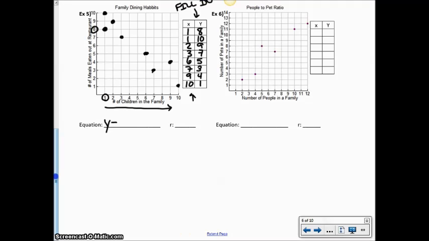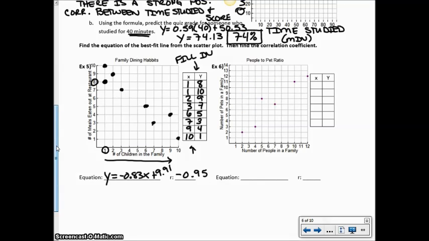So you should have gotten y equals negative 0.83x plus 9.91, and it's negative 0.95. That's what your correlation coefficient is. So that's pretty strong. It's a strong negative. Over on the other side, when you go through and you do your table, you've got 2, 2, 4, 3, 5, 8, 7, 7, 10, 11, and 12, 12.